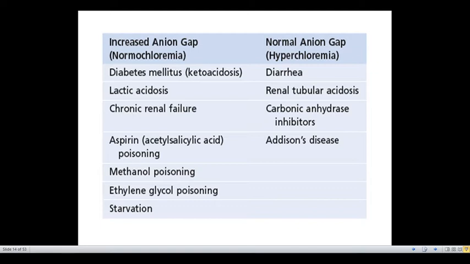Increased anion gap is seen in diabetes mellitus, lactic acidosis, chronic renal failure, aspirin poisoning, methanol poisoning, ethylene glycol poisoning, and starvation.